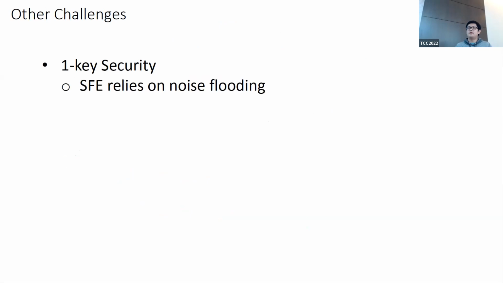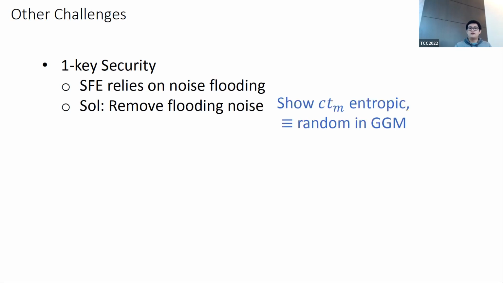Other challenges involve first proving one-key security. The original SFE scheme relies on noise flooding, particularly in the term CTM, which we cannot afford to do because CTM lives in the exponent of the target group. What we do is just remove the flooding noise, and we are still able to show that the term is entropic.